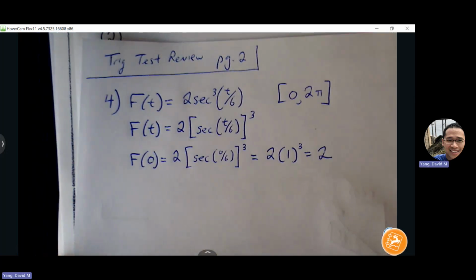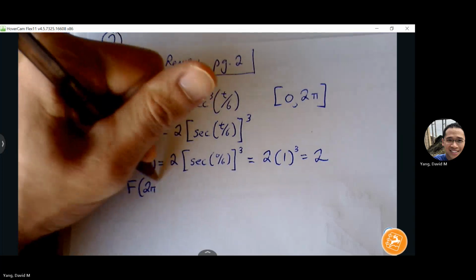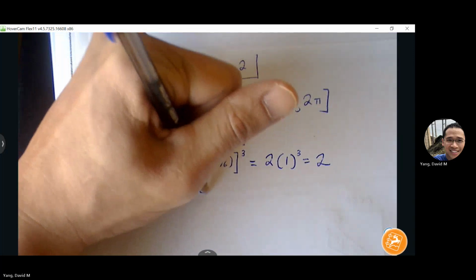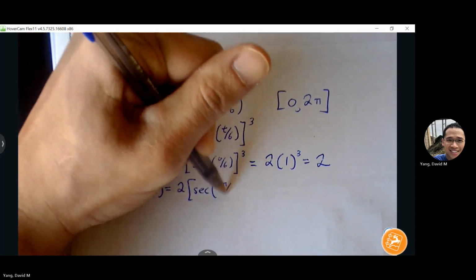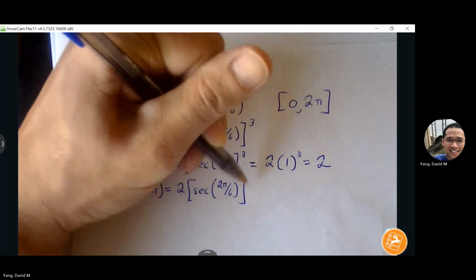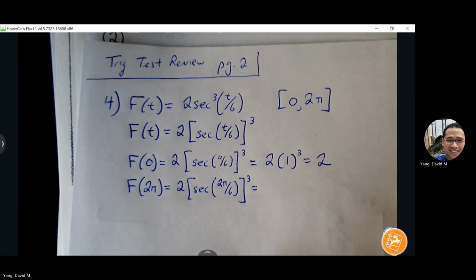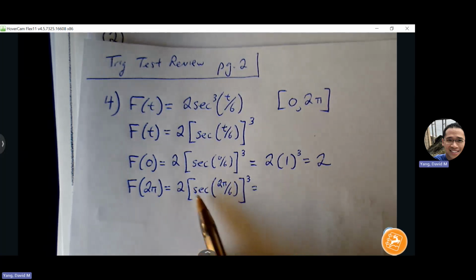All right, let's find f of 2 pi. Secant of this reduces to be pi over 3, right? Secant of pi over 3. Let's think in terms of something that feels more familiar.